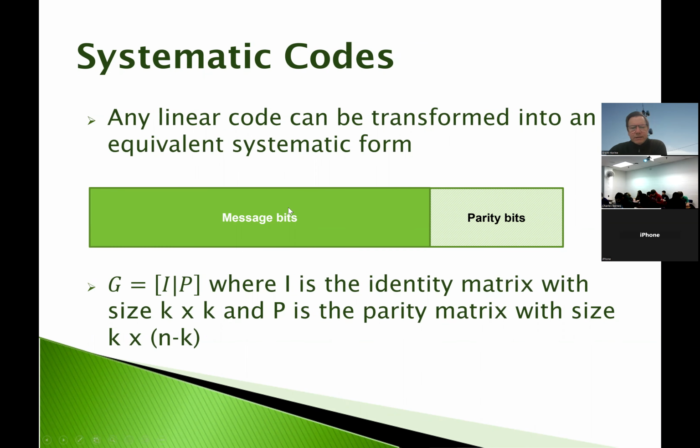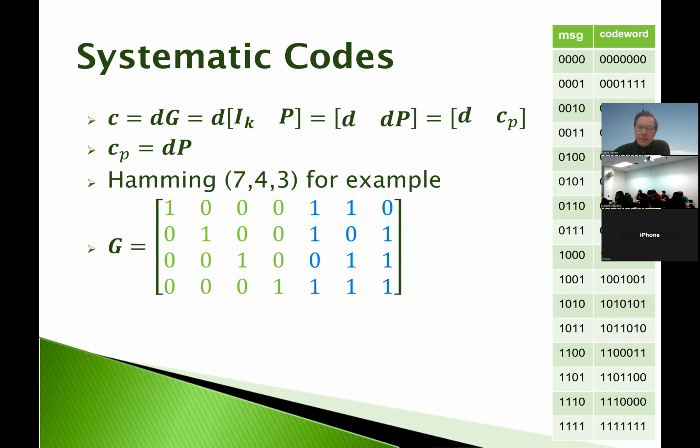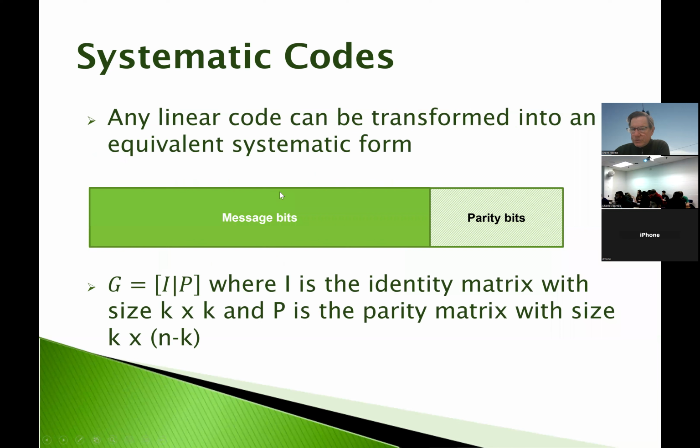So if we look at this, G can be viewed as a concatenation of the identity matrix, which would produce your message bits, right? We're going to multiply this G times the data vector coming in. We want those message bits to come out the other side unchanged, so we do that with an identity matrix.